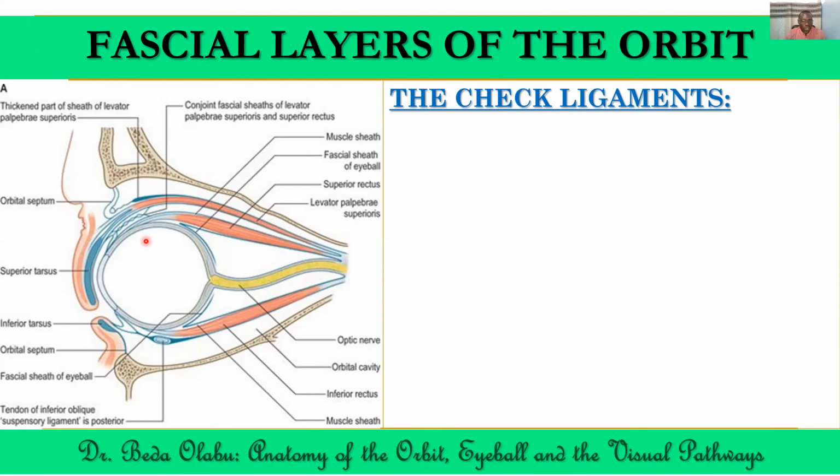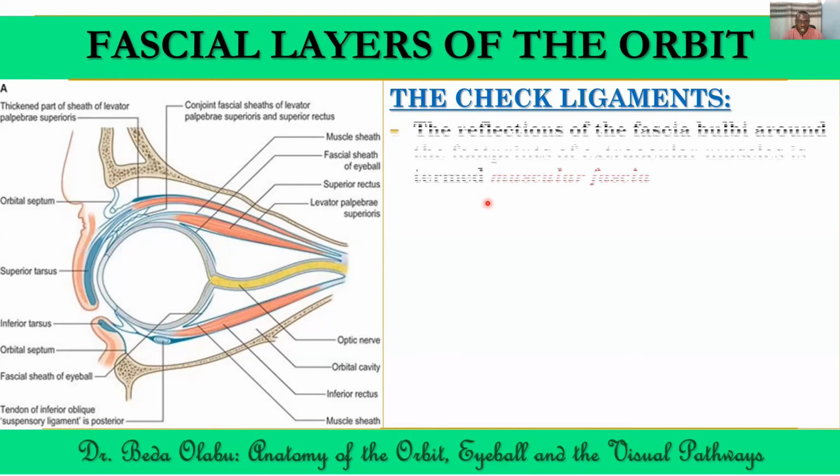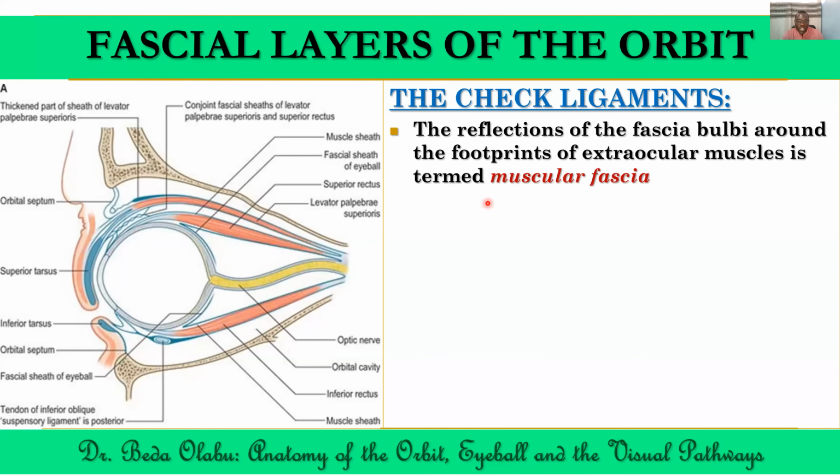We can talk about the fourth fascial layer, the check ligaments. However, before talking about the check ligament, there's something that is important to understand. I've mentioned to you that extraocular muscles pierce the Tenon's capsule to attach to the sclera. As the muscles pierce the Tenon's capsule to attach to the sclera, the capsule sends some extension into the muscle.